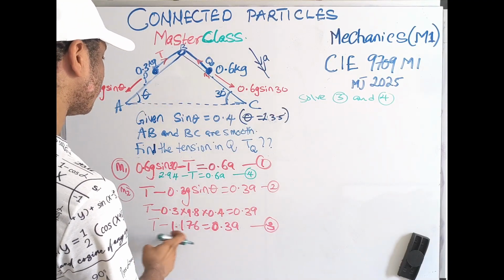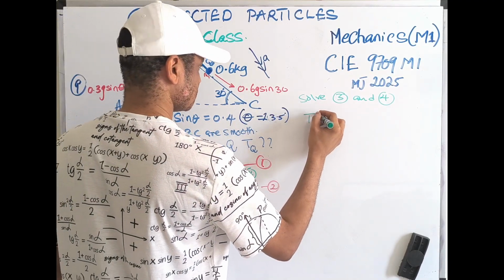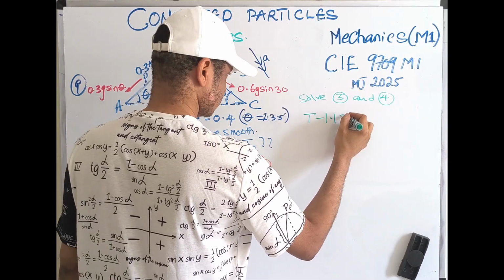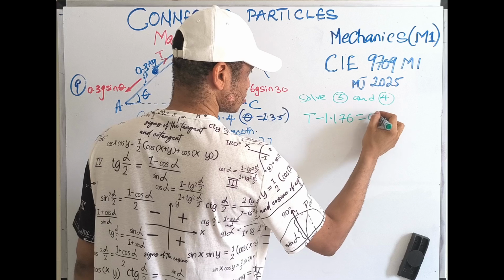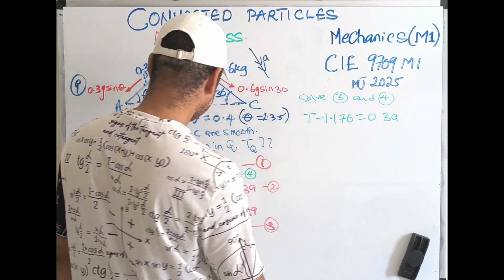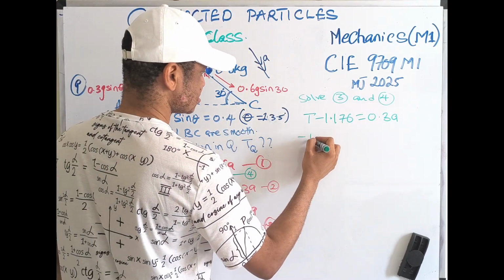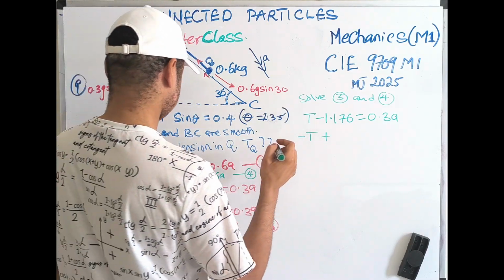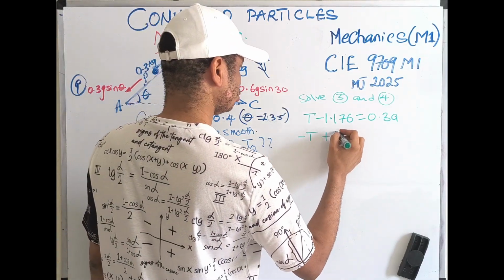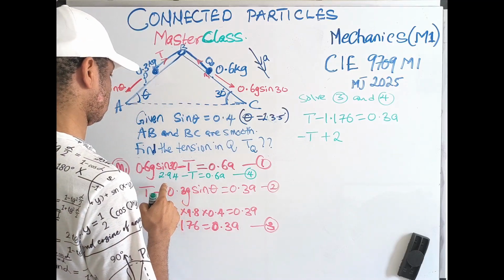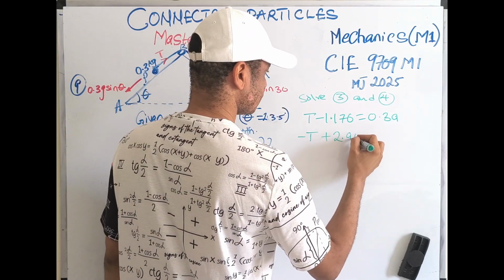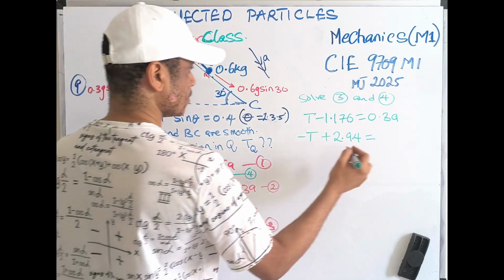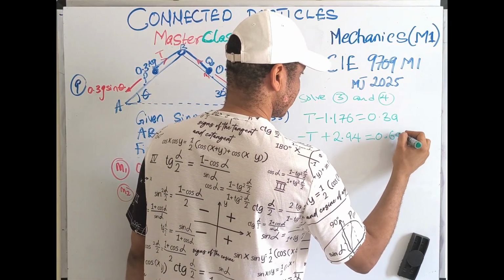Okay, now I will rearrange this. This is T minus 1.176 is equal to 0.3A. I'll rearrange this: minus T plus 2.94 is equal to 0.6A.